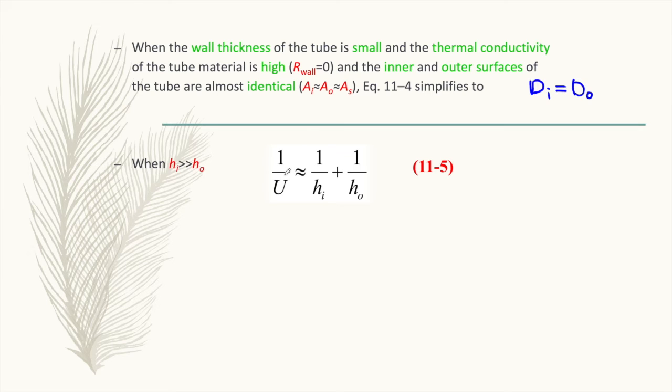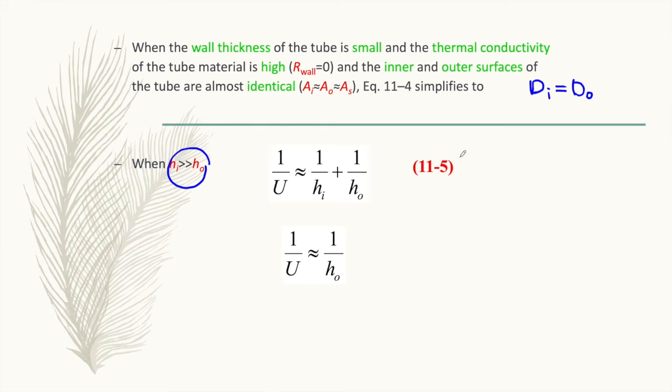Then when Hi is much greater than Ho, what will happen to this equation? 1 over U is equal to 1 over H out. For example, in this condition, we know that Hi is much greater than Ho.